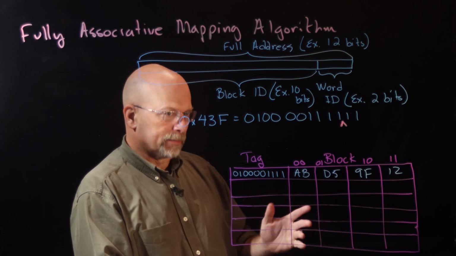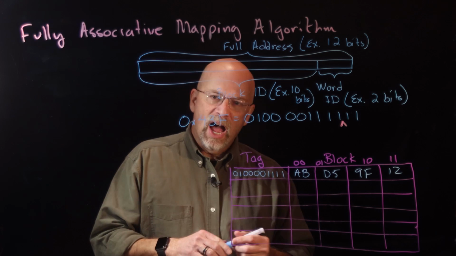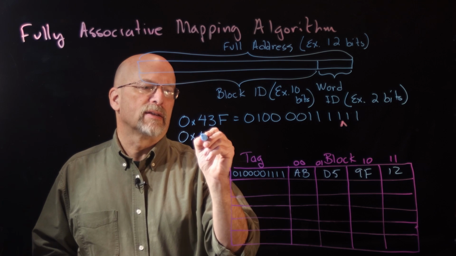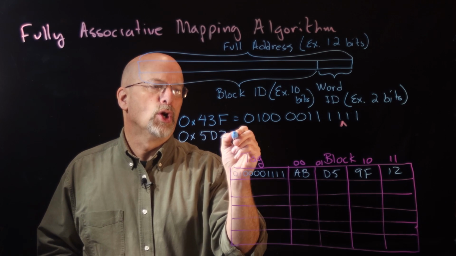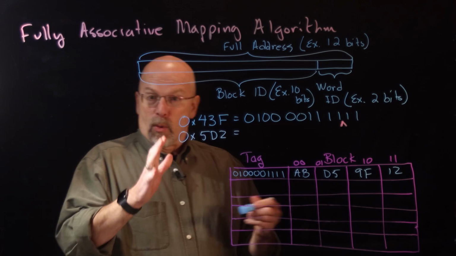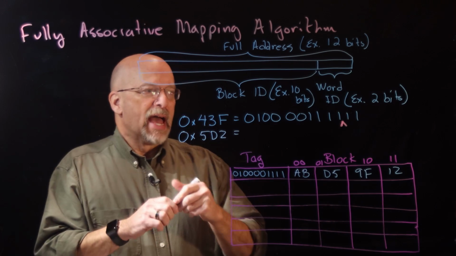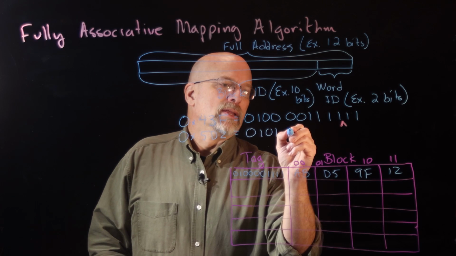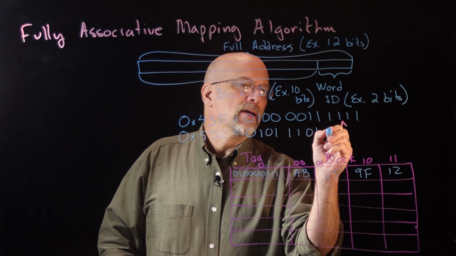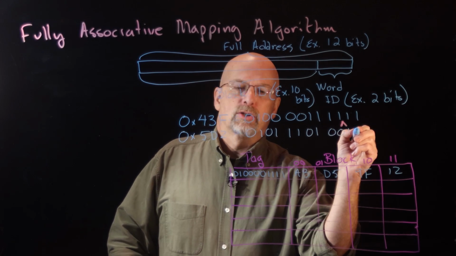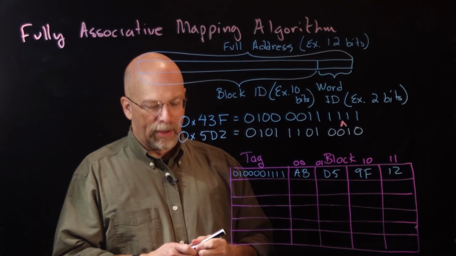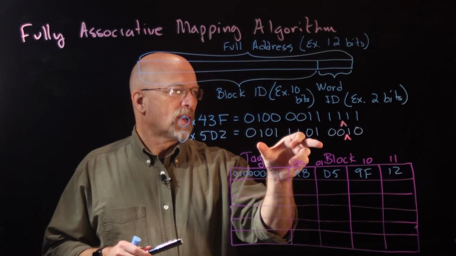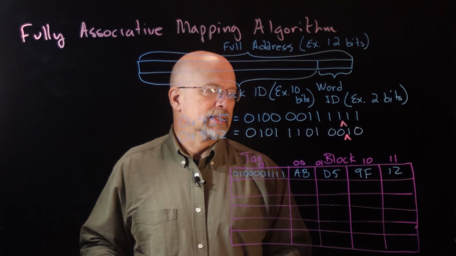All right. Now, the next time we access, let's say that the processor says, okay, I need 5D2. Goes out to the cache, and in binary, we've got 5, and then D, and then 2. Hopefully that was a correct conversion. And so we divide it into the block ID and the word ID.